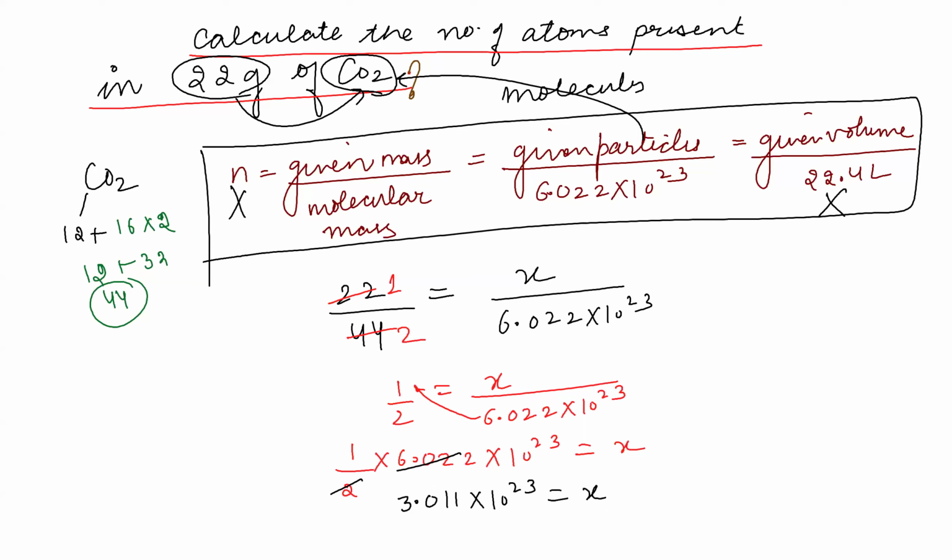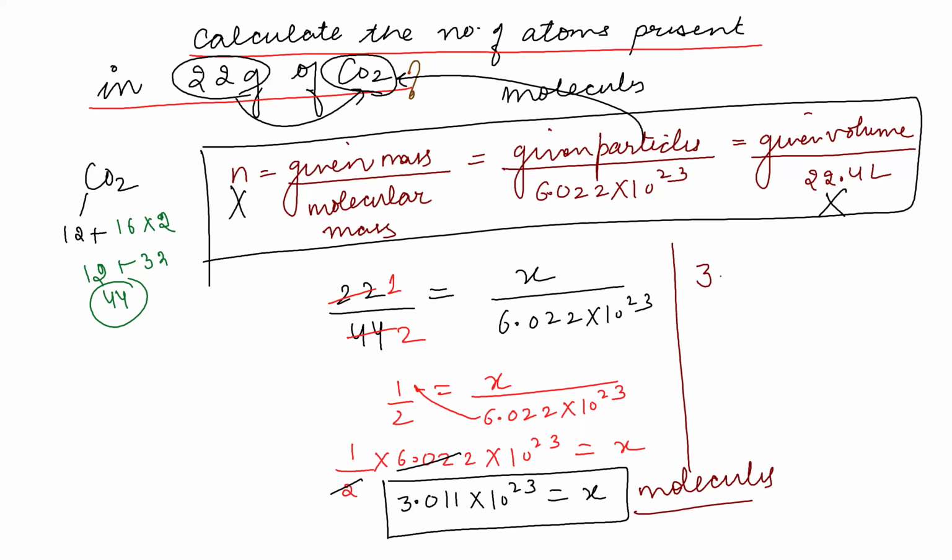Are we understanding? Now these are the molecules. That means I have 3.011 into 10 raised to the power 23 molecules of CO2.